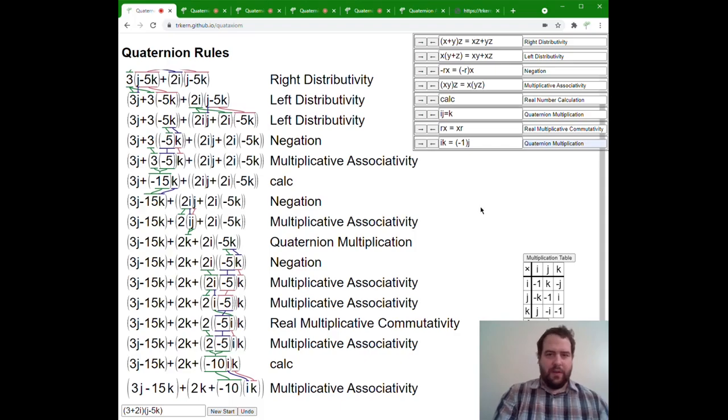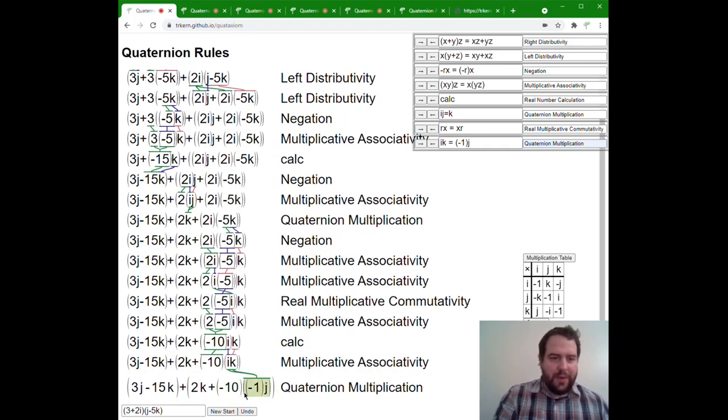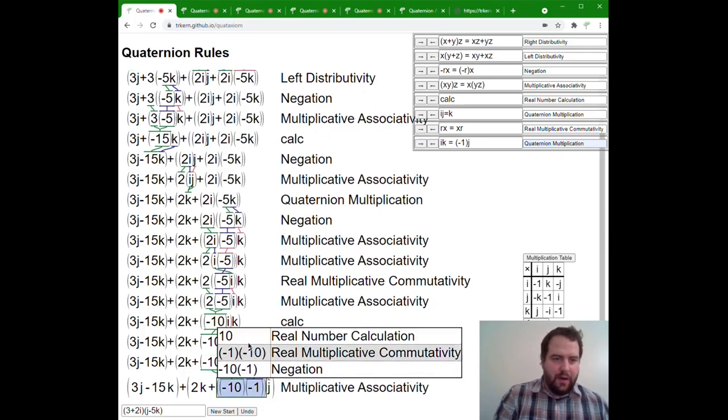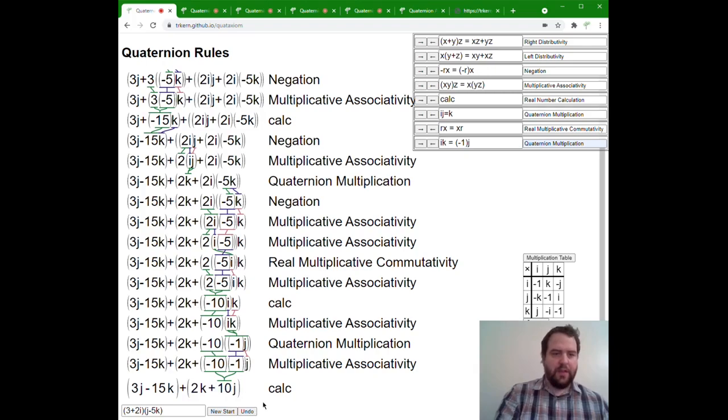So that's going to be quaternion multiplication again, and then we need to get the negative 10 and the negative 1 next to each other so that we can apply our calculator to turn this into a 10j.